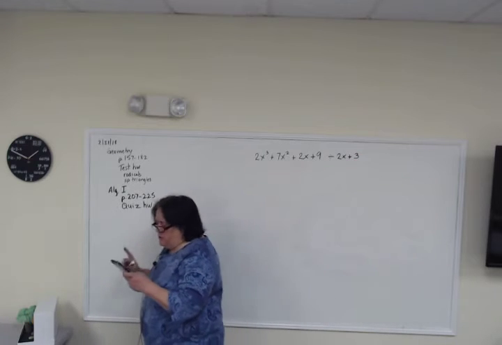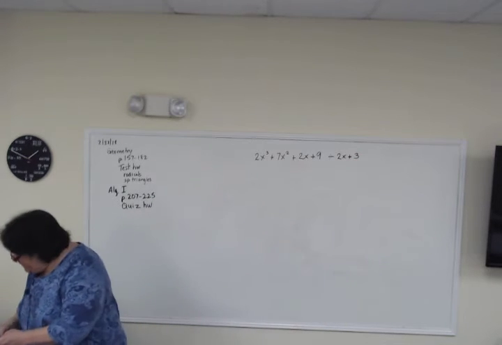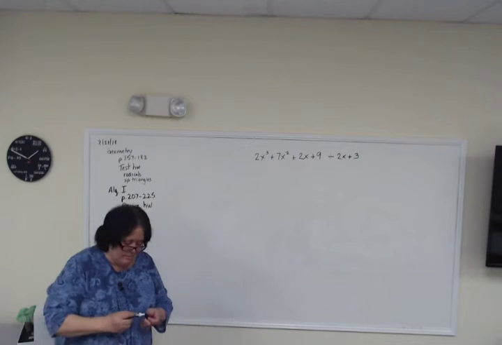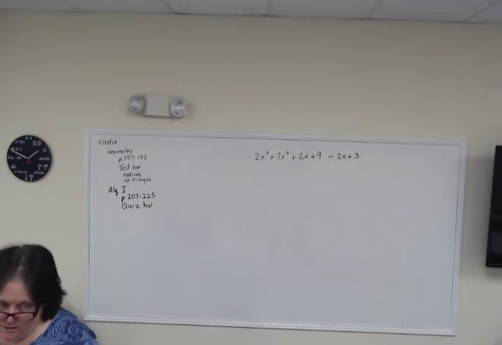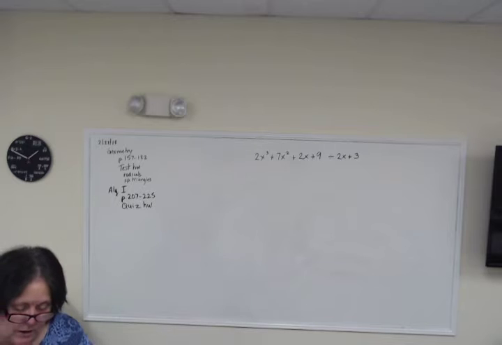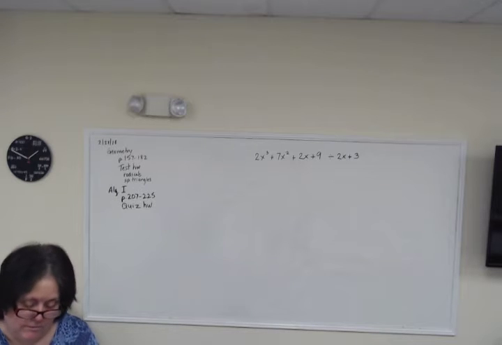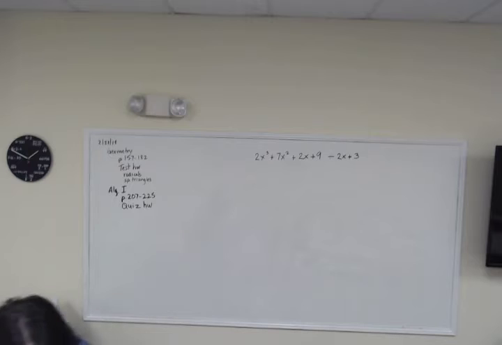We're first going to do long division. And then we're going to do synthetic division. Then we're going to compare the two. And if you got the same answer, then you know that you did it correctly both ways.